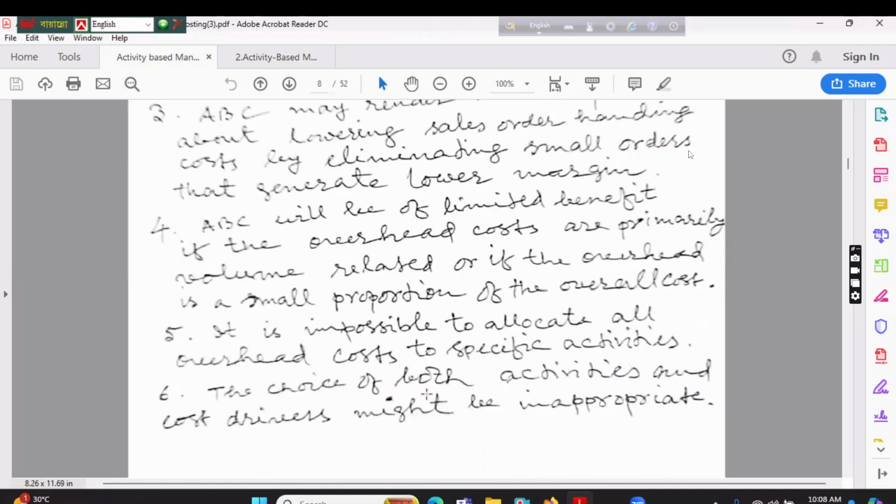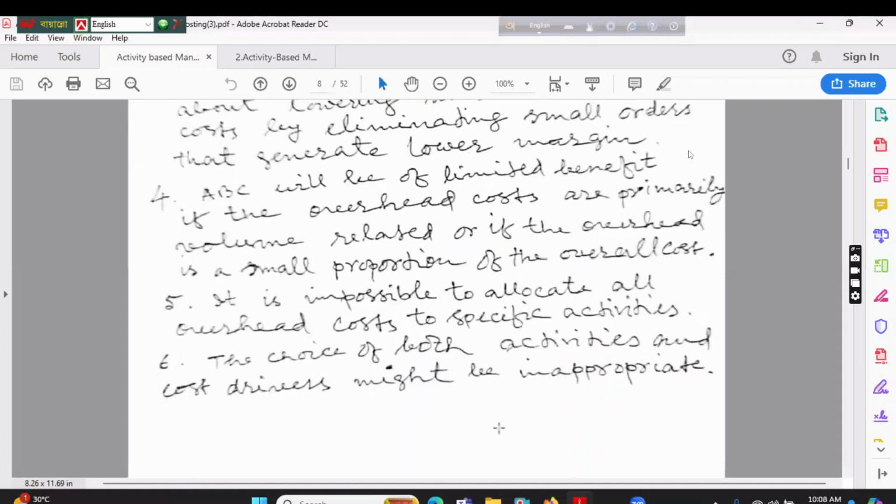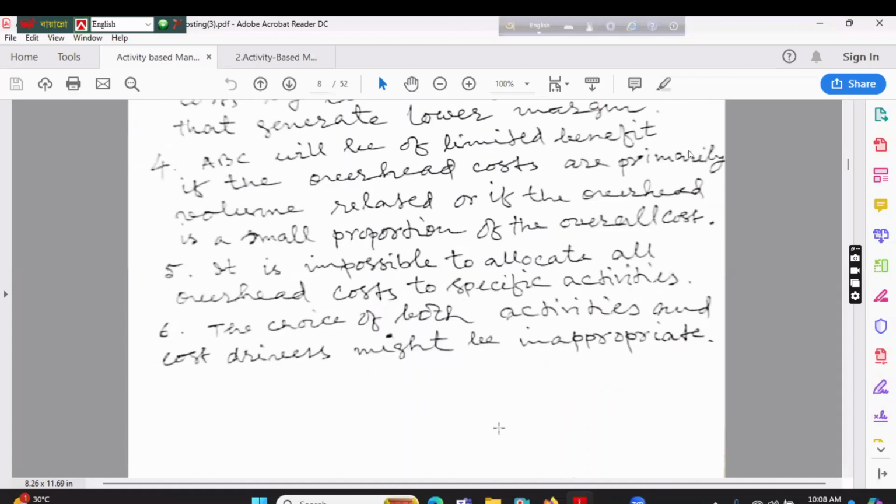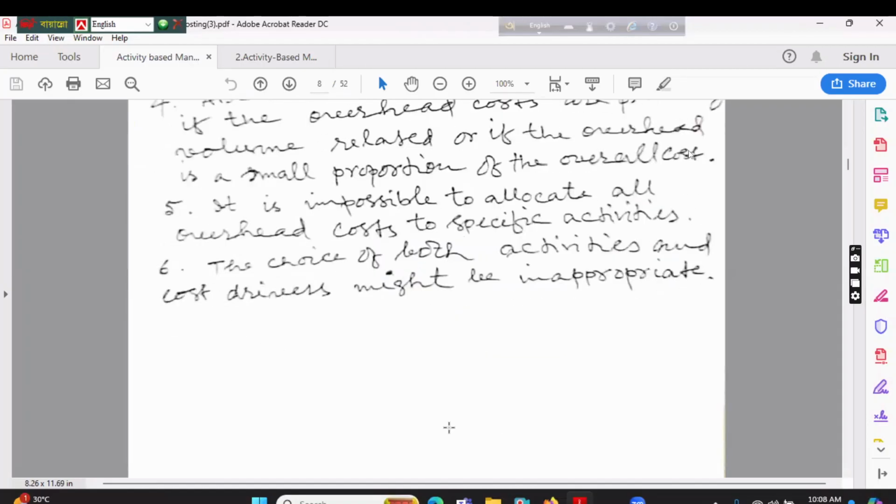The choice of both activities and cost drivers might be inappropriate. Thus, the choice of both activities and cost drivers, that means activity cost drivers, might be inappropriate. This is about strengths and weaknesses of ABC, that means activity based costing.